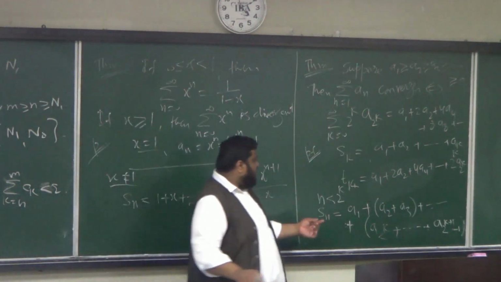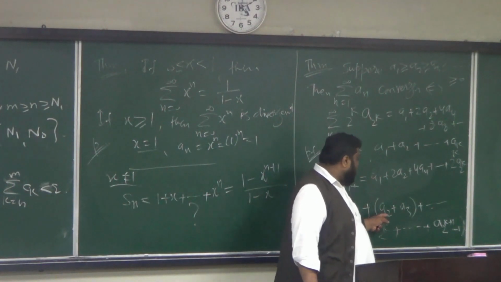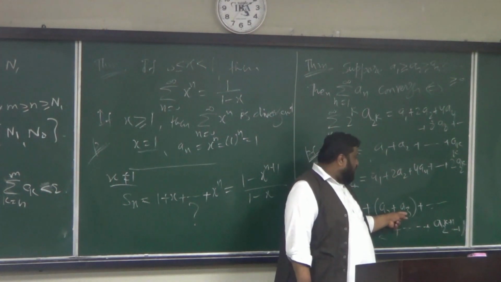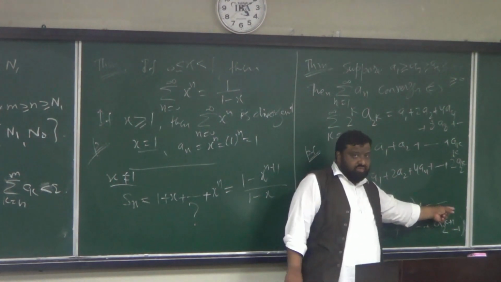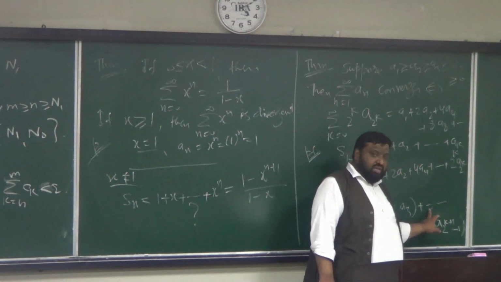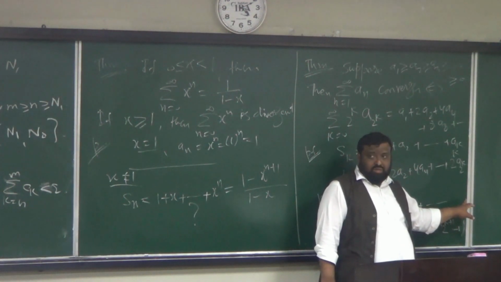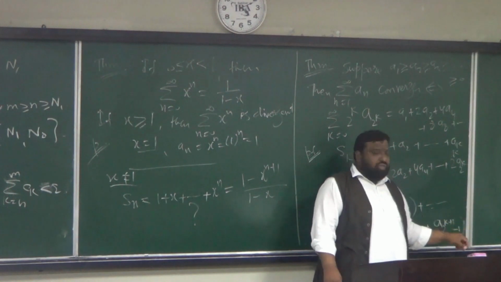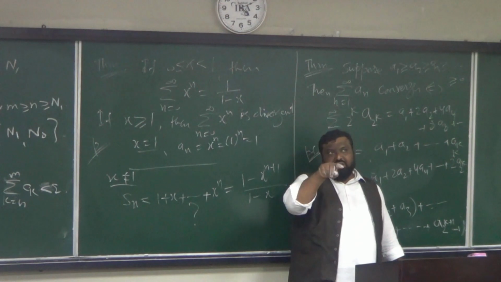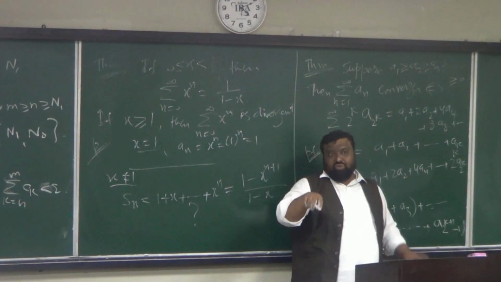So the sum begins from a_2 plus a_3. The next is going to begin from a_4, and it will go to a_6, 4, 5, 6. Actually 4 is 2 squared, so it will go to 2^3 minus 1, so it's going to go to 7.